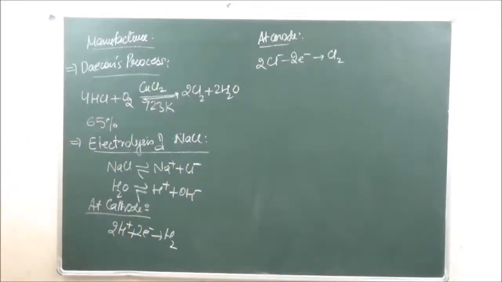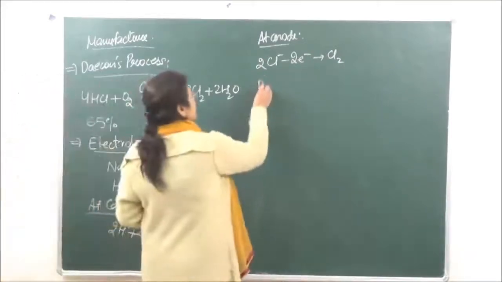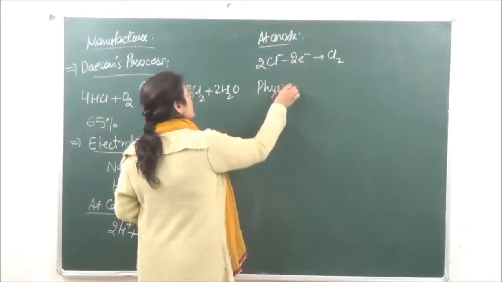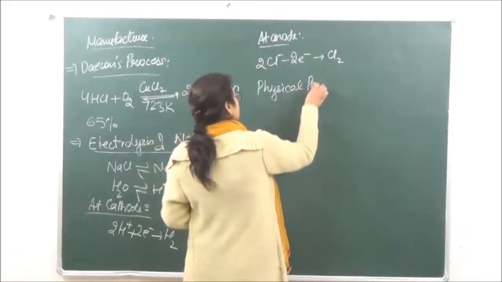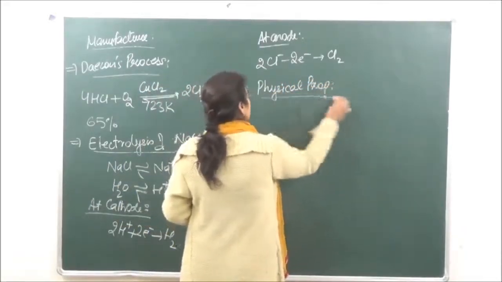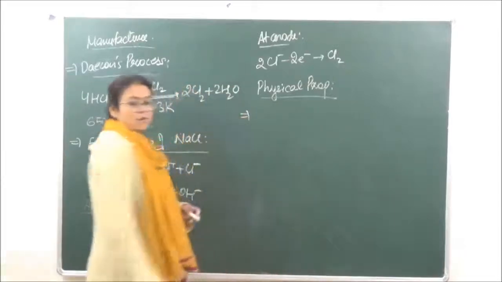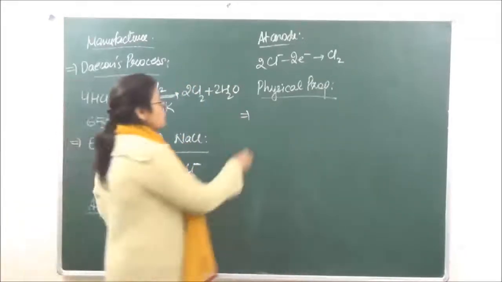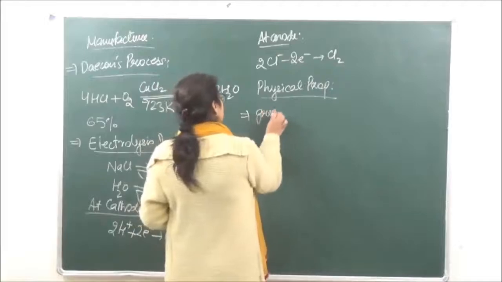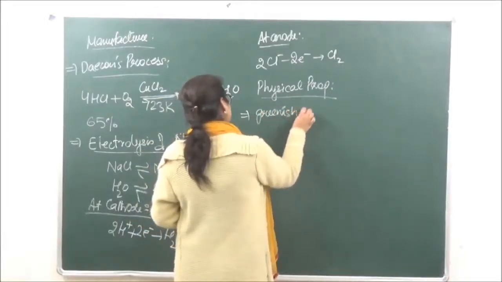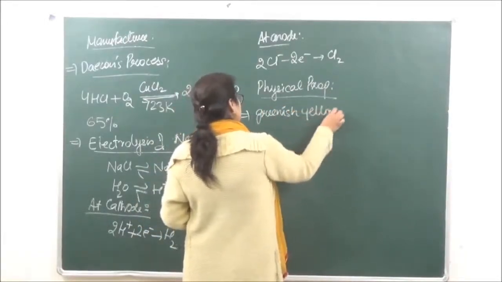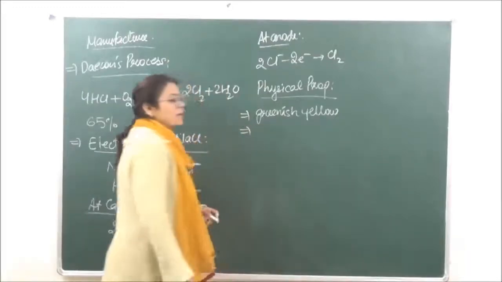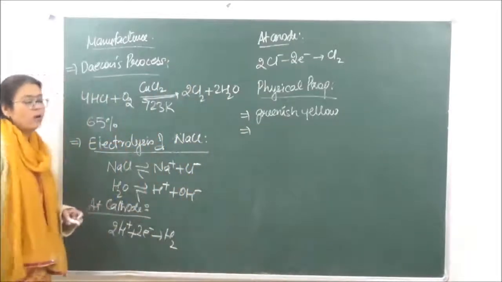Right? Now when we are looking at the properties of chlorine, let's first look at the physical properties. Number one, we've already studied that it is a greenish yellow gas.